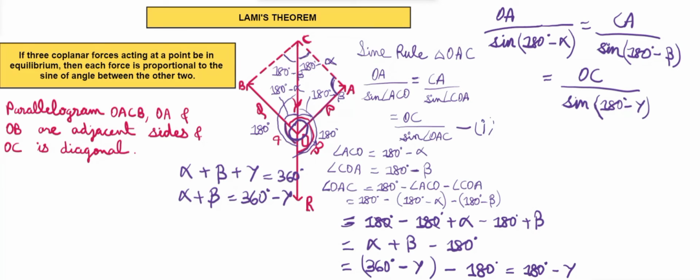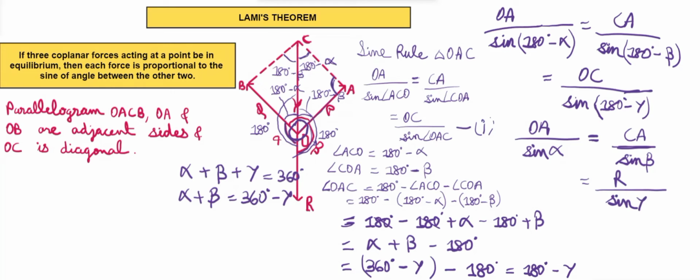Sine of 180 minus any angle is equal to sine of that angle, so it will be OA upon sine alpha is equal to CA upon sine beta is equal to OC upon sine gamma. Here OC is equal to R. In the same way, OA is equal to P and CA is equal to Q. So we have got Lami's theorem, which is P upon sine alpha is equal to Q by sine beta is equal to R upon sine gamma.